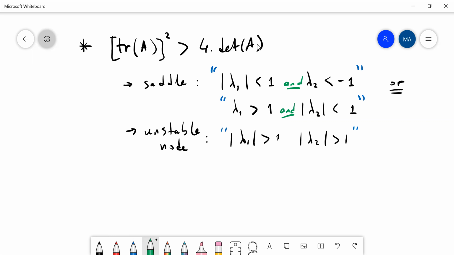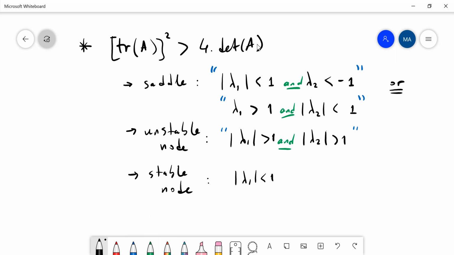Okay. So this is an AND condition. All right. So lambda 1 greater than 1, lambda 2 greater than 1. And then, of course, it will be a stable node, right? If you have lambda 1 less than 1 and lambda 2 less than 1. All right.